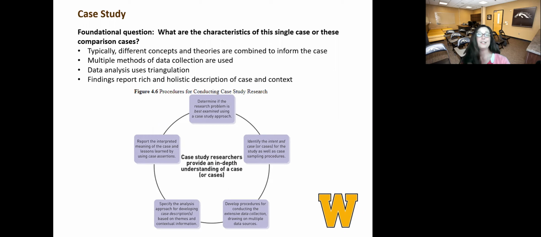Data analysis uses triangulation. So for beginning researchers, I encourage you to think about three ways, hence a triangle, to collect your data about your case. Findings are reported in a rich and holistic description of a case and context.